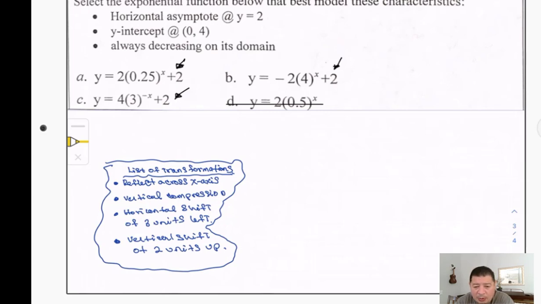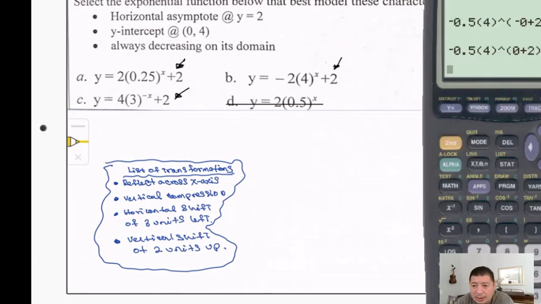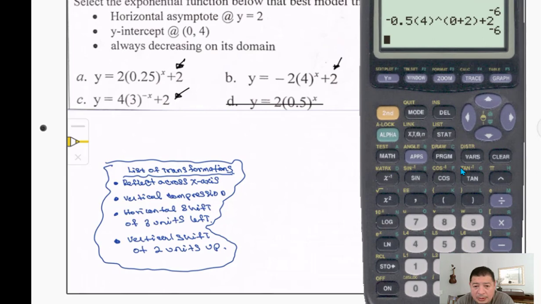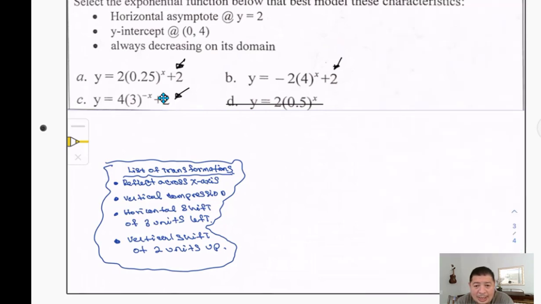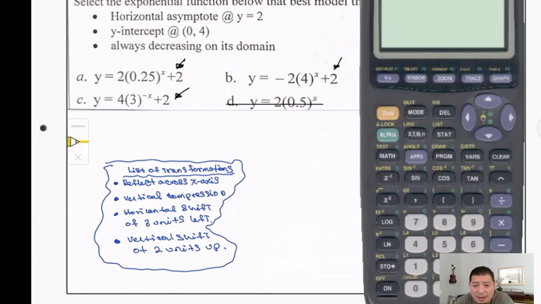It has to have a y-intercept. Okay, so let's go ahead and use our calculator. Now, I won't know, not until I input the value of 0 into my expression, and then I end up with a 4. So I want to be very clear about that.